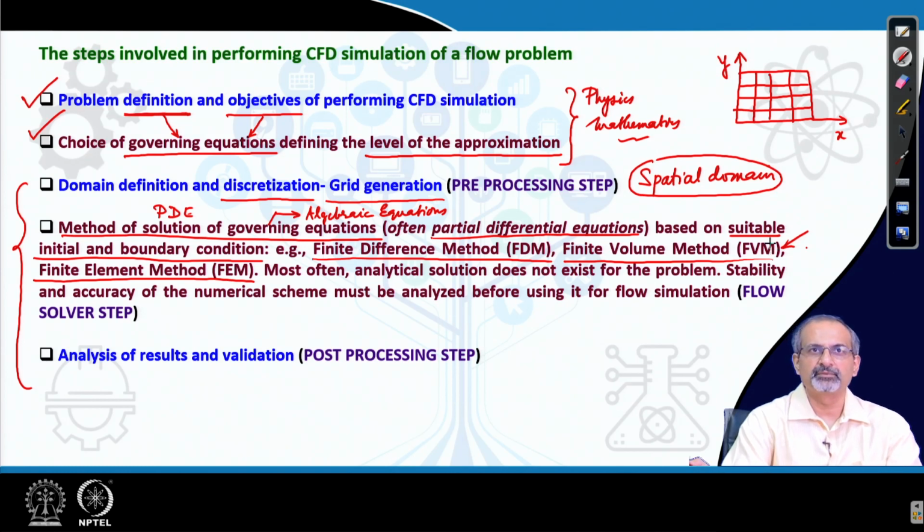However, as you solve them, you have to address issues of stability and accuracy of the numerical scheme, which of course is already taken care of when you have converted the partial differential equation into its algebraic form.